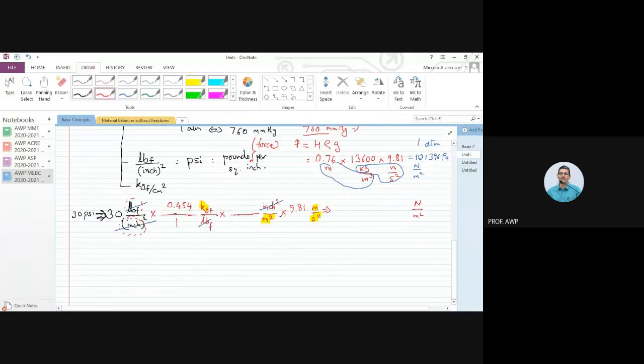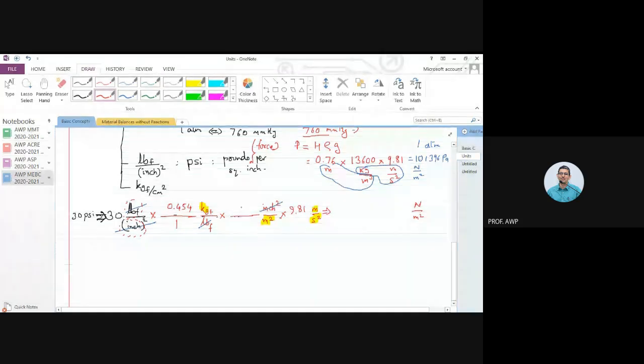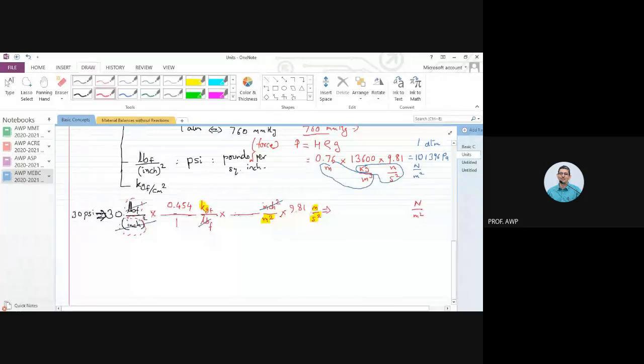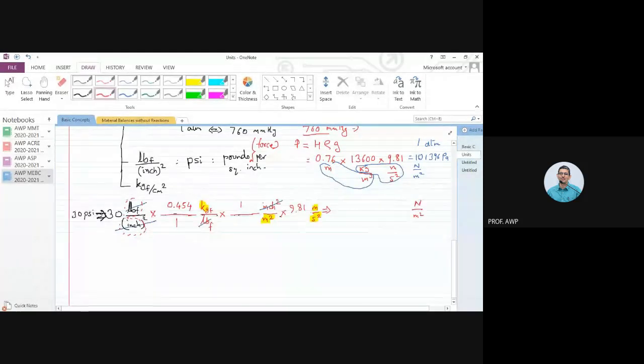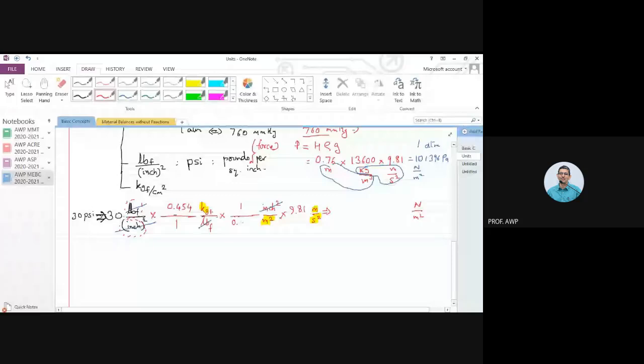If you take 1 inch, how many centimeters is that? 1 inch is 2.54 centimeters. So 1 inch is the same as 0.0254 meters.